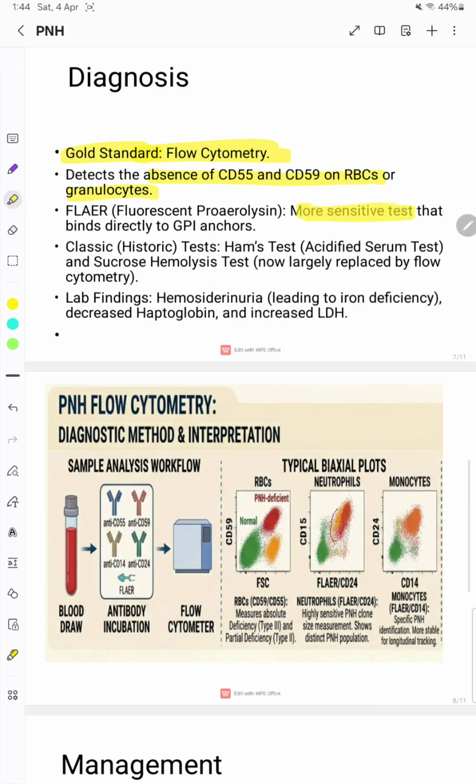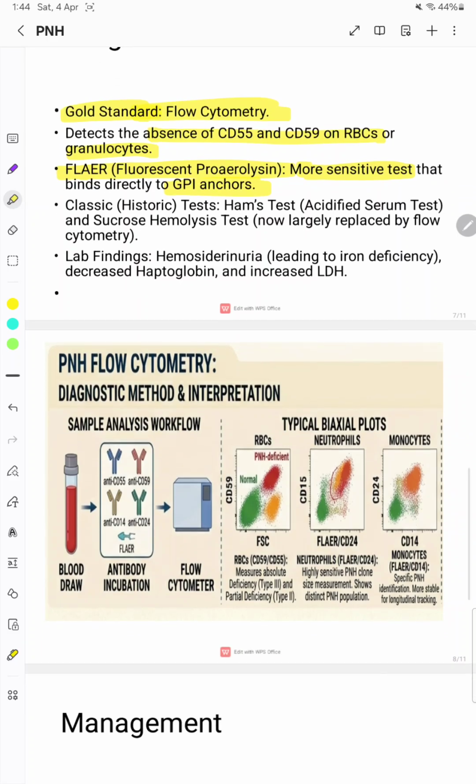The most sensitive test is fluorescent proaerolysin that binds directly to the GPI anchors. Classically, there are some tests like Ham's test, acidified serum test, and sucrose hemolysis test, now mostly replaced by flow cytometry.